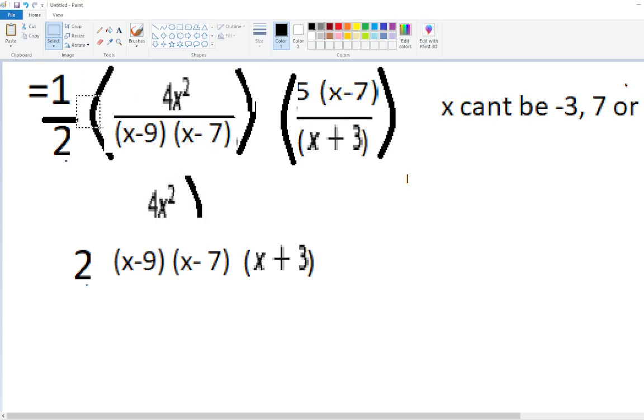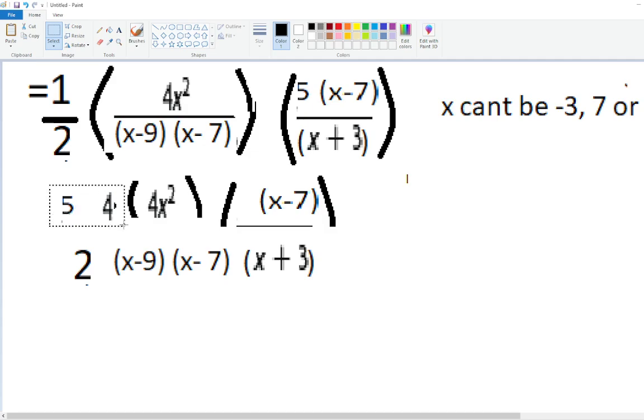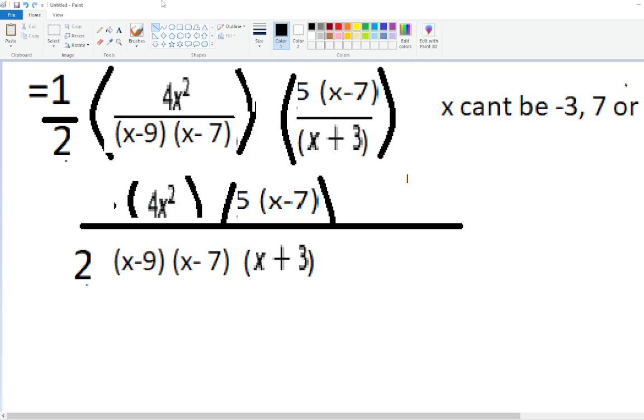Bad brackets. I'll steal the middle. Times 5 times x minus 7, like that. And I can even put the 5s up front. Like, I can stick this 5 up front if I want, and I can even put this 4 up front. And I can say, okay, 5 times 4 is 20. Numbers are allowed to multiply themselves, but let's just leave the 5 where it was for now, just to make things simple. And this is all over one big fraction.